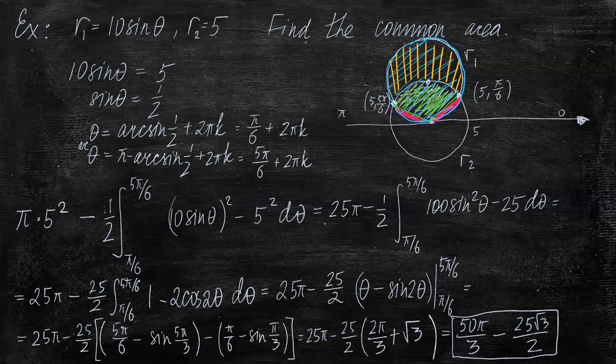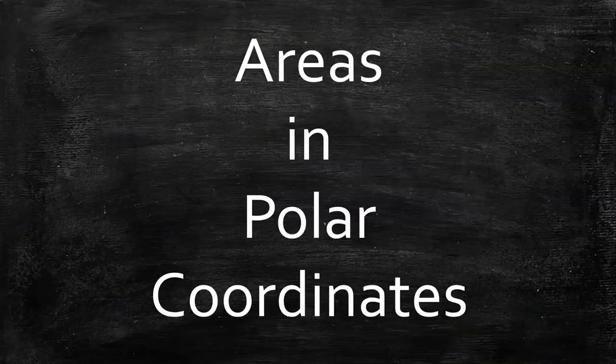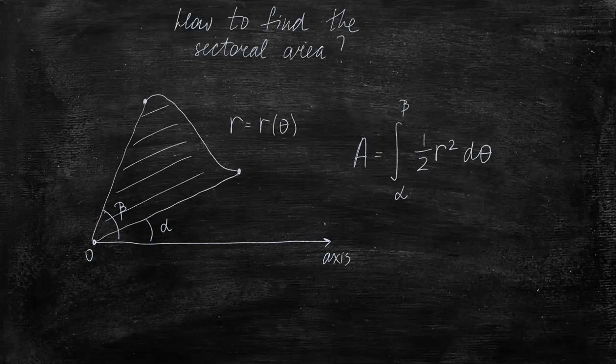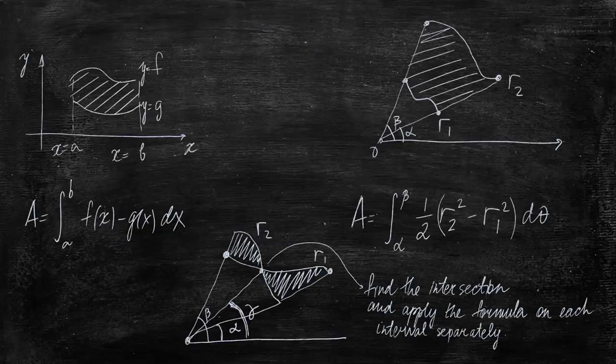Once the problem is set up correctly, finding the integral is the least of the problems. So once again, in this section we learned how to use integrals to compute areas in polar coordinates, and the two main formulas that we learned were this one and this one.